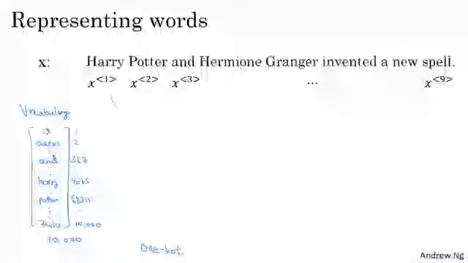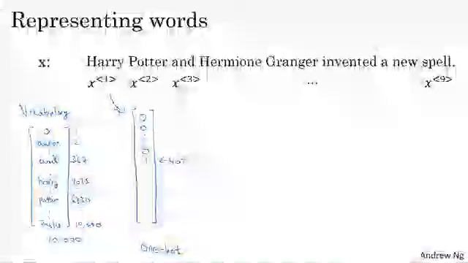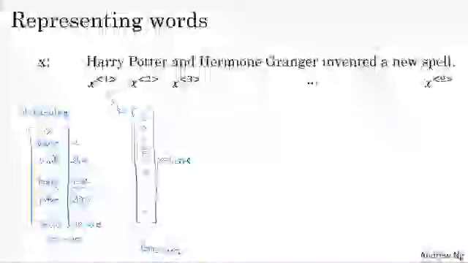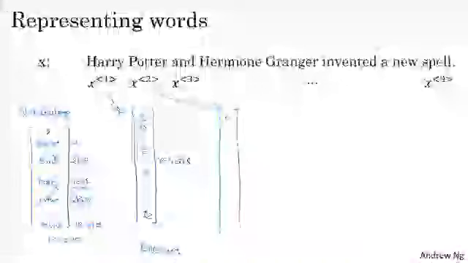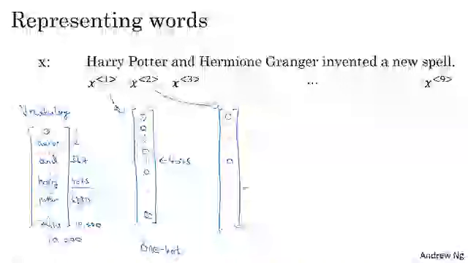For example, x1, which represents the word Harry, would be a vector with all zeros except for a 1 in position 4075, because that was the position of Harry in the dictionary. And then x2 will be again similarly a vector of all zeros except for a 1 in position 6830, and then zeros everywhere else.